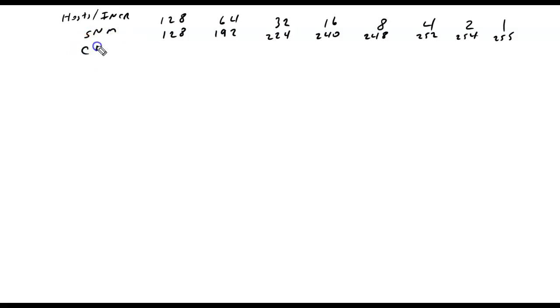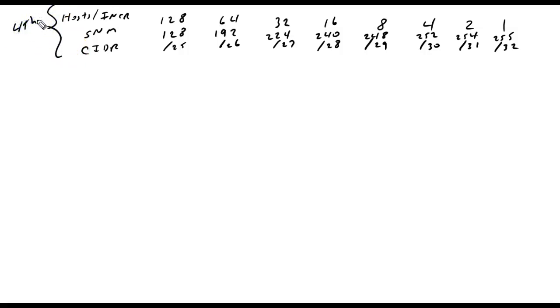Finally, we have CIDR: /25, /26, /27, /28, /29, /30, /31, /32. All right, there we have it. This is all fourth octet.